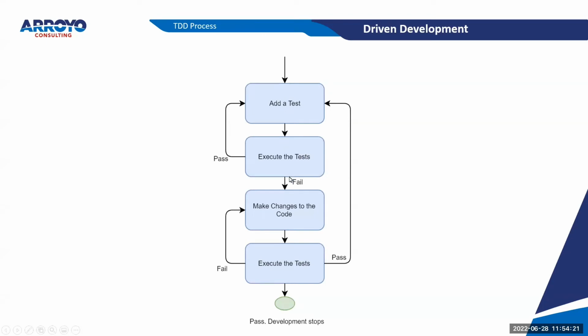If not, that means it failed, so we make changes to the code, complete the operation, then execute the same test again. If it fails, we again change the code. And if it passes, we can return to add another test. So the idea with these steps in TDD is more about when you start programming using TDD.